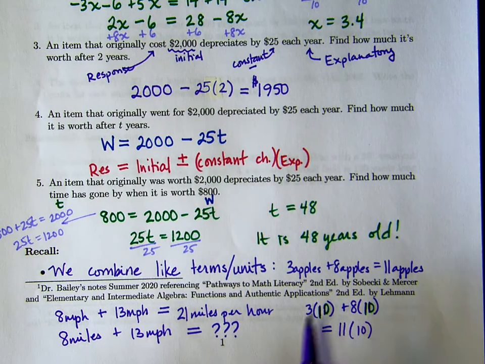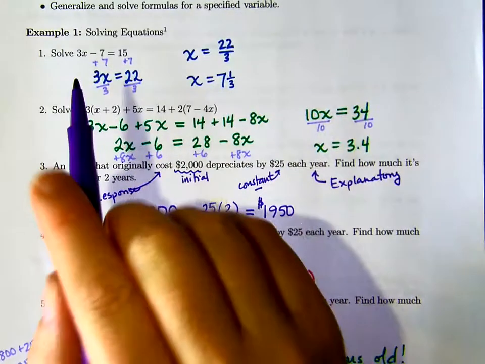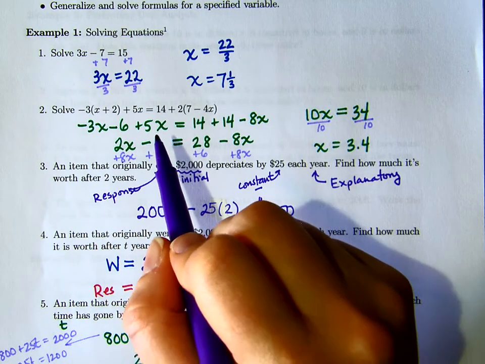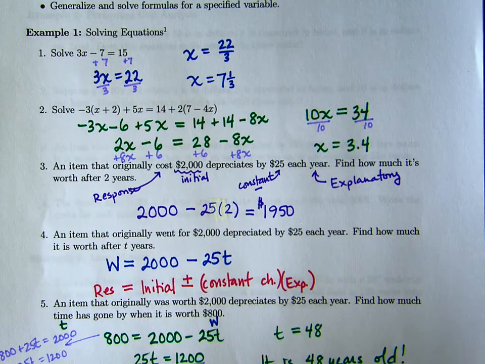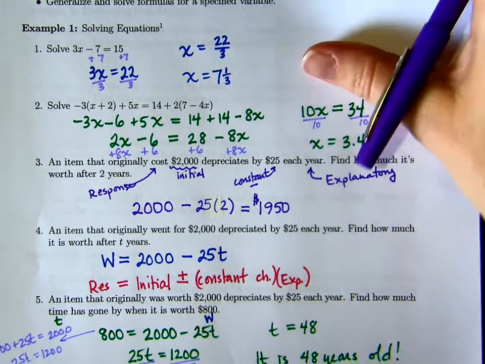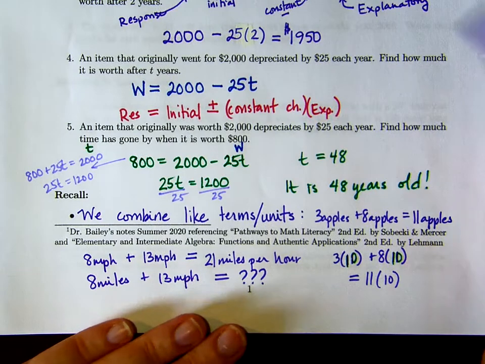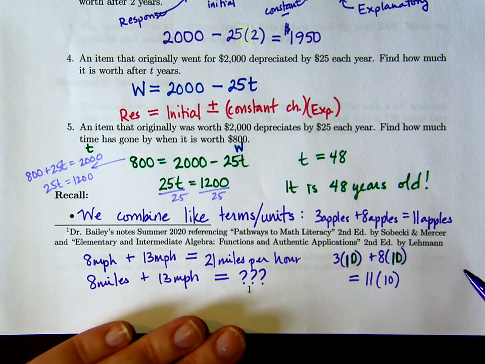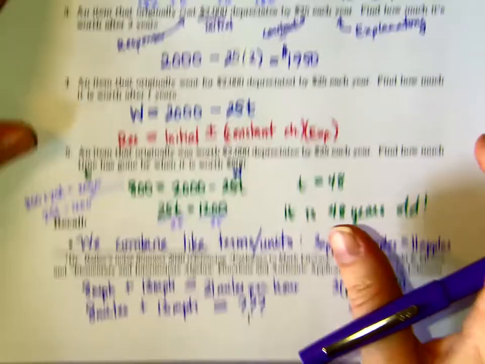So we can combine like values and we can combine like units. Apples plus apples is more apples. And 3 10s and 8 10s makes 11 10s. And 3 x's and then adding 5 x's gives us 8 x's. So remembering that x is just a number or a unit, we know that we can combine these similarly as like terms or like units.